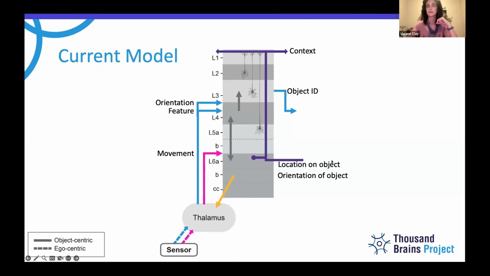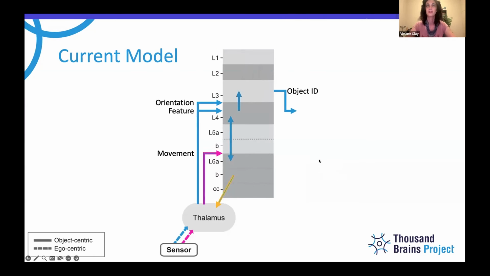Okay, and then we can also have this feedback input from a higher level column that tells this column which location it should expect to be at, and then this broader context signal to multiple columns in the lower level in the hierarchy in layer 1 that can be connected to layer 2, 3, 5A. Not 100% sure exactly what each of these get out of this context signal. So far so good, nothing new here.